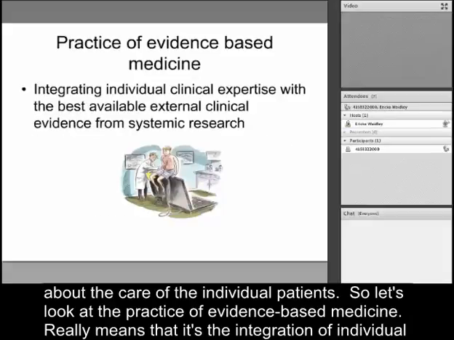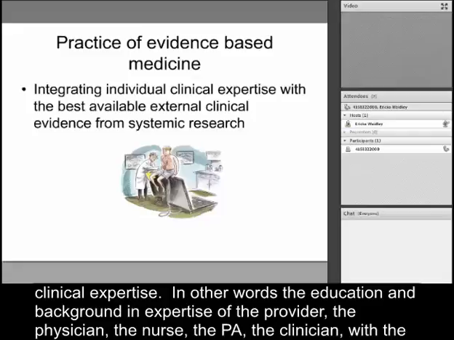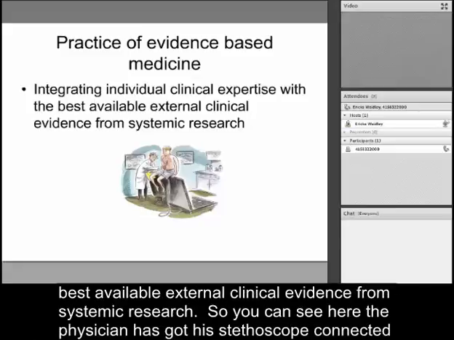So let's look at the practice of evidence-based medicine. It really means the integration of individual clinical expertise. In other words, the education and background and expertise of the provider, the physician, the nurse, the PA, the clinician, with the best available external clinical evidence from systemic research.